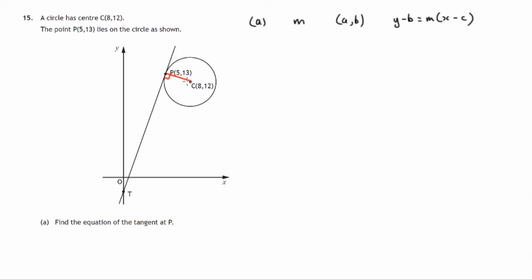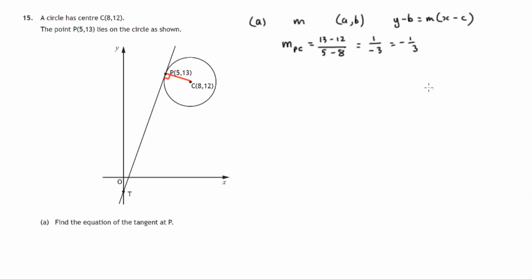But we do know it's at right angles to the radius, and we can work out the gradient of that radius PC. We have the y difference, 13 minus 12, over the x difference, 5 minus 8. So that's 1 over negative 3, or negative 1/3.